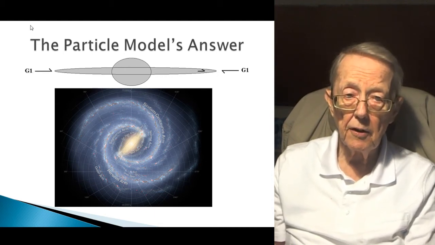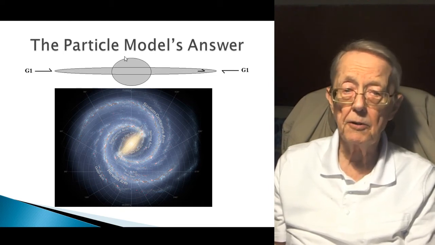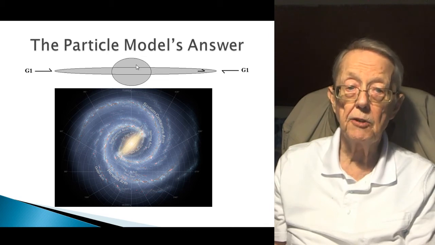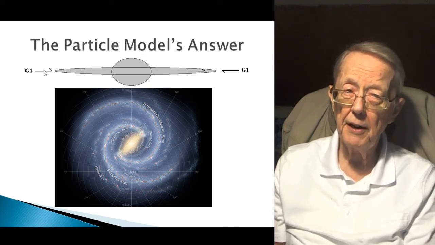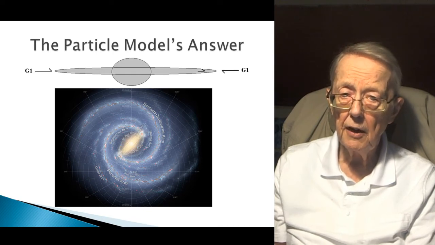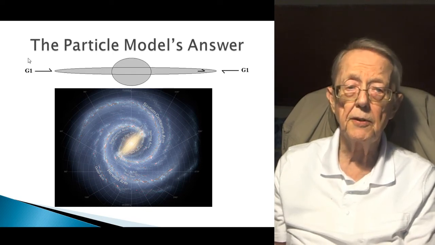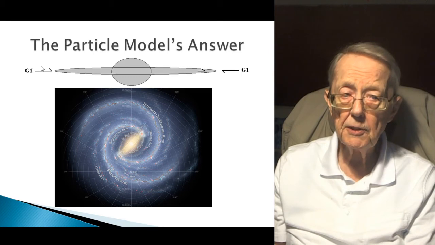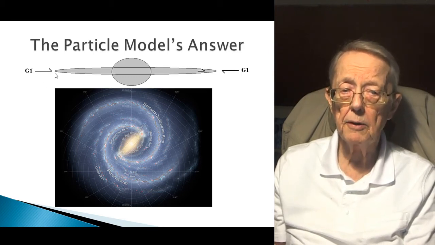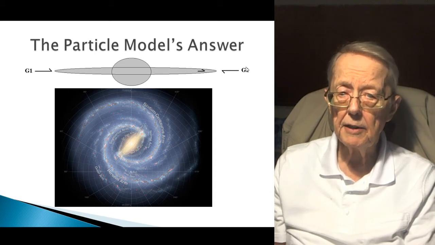Now, these forces come in all directions, all X, Y, and Z directions, three-dimensionally. But for the analysis, I'm only going to use this one moving towards the center, and over here moving towards the center. The length of this arrow represents the number of G1 particles coming in, and I've got the same length over here. That's an assumption.